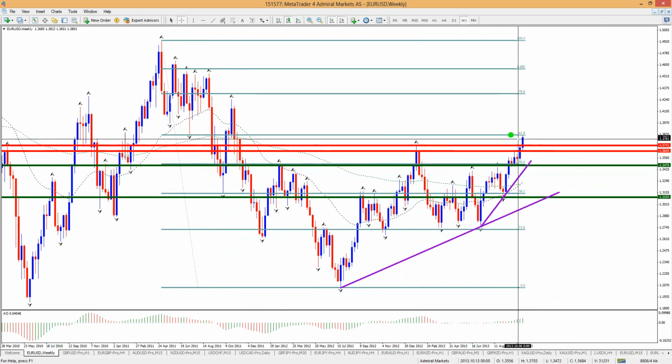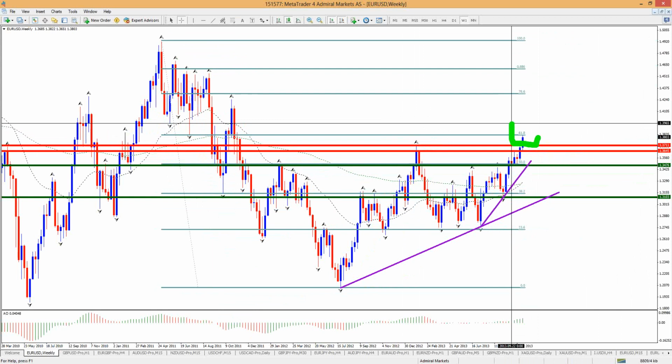So yes, that is a resistance. Do I expect a big bounce here? No, it's not something I would trade. We could maybe see a pause there, a bit of a bounce, maybe a sideways move. But because it's counter trend, and because the trend is so strong on the euro dollar, the bounce could be very passive at the 61.8 weekly Fibonacci retracement level.